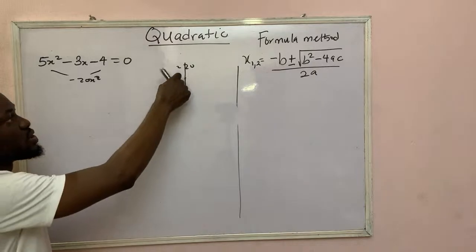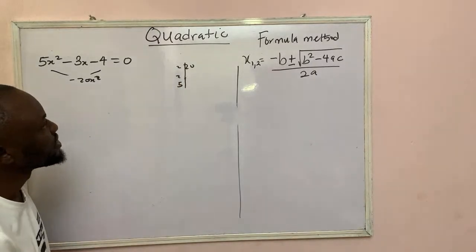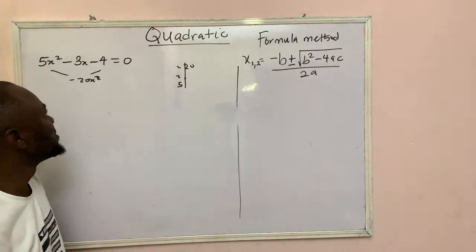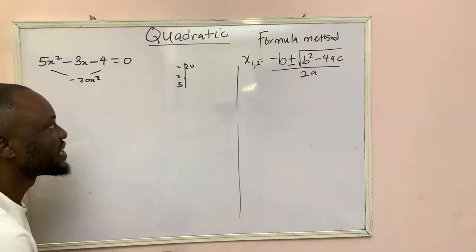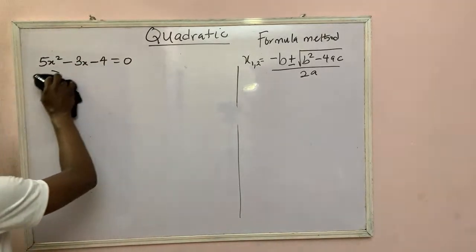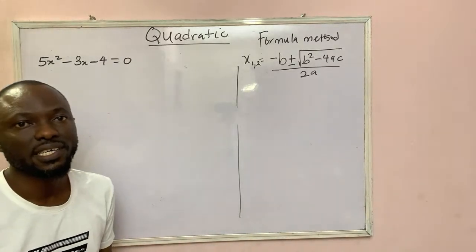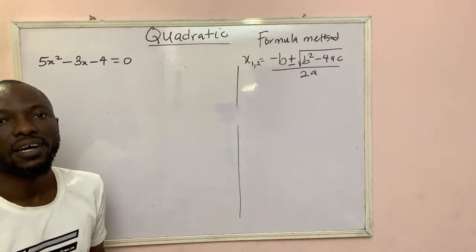Even if we do a combination of 5 times 4, 20, 5 plus 4 will give us 9, 5 minus 4 gives 1. We won't get two factors that work. All right? So when you see that the quadratic function is not factorizable, that is when you deploy the quadratic method.